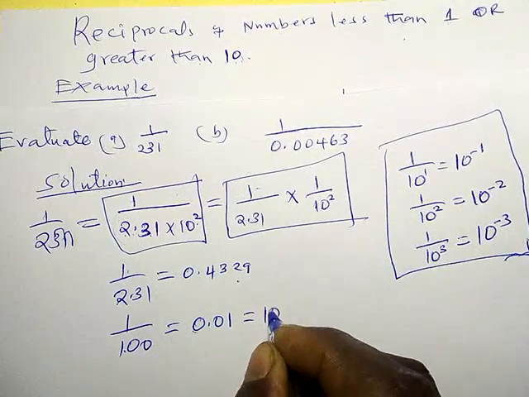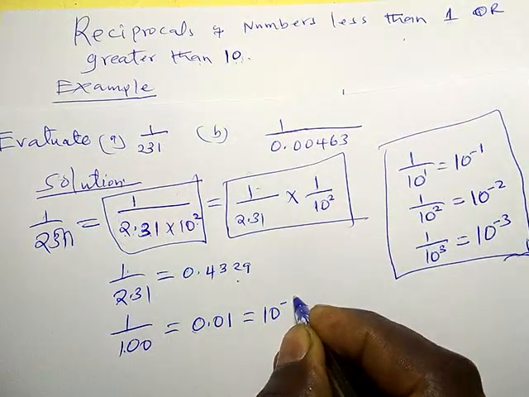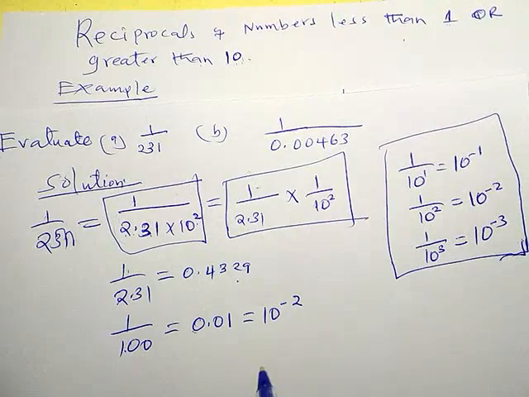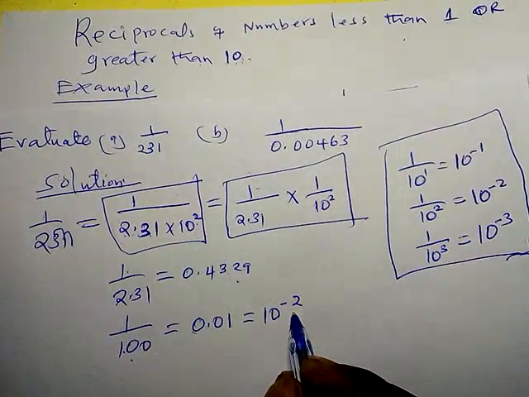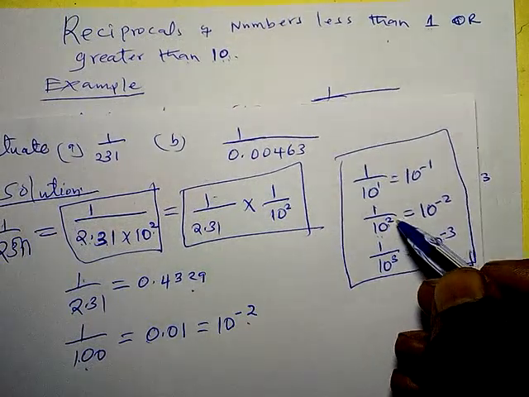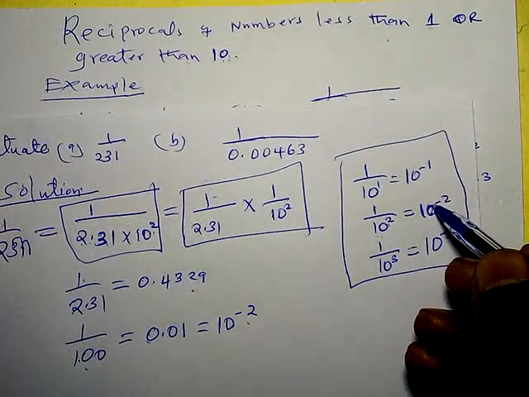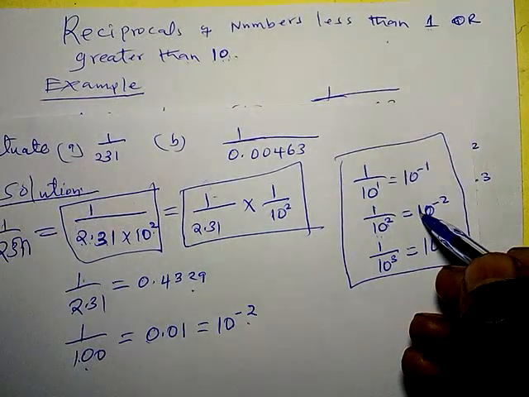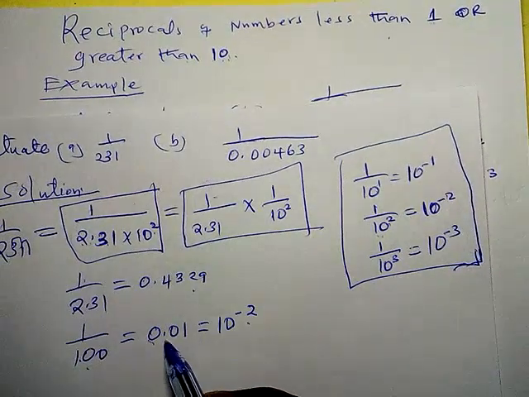0.01 is the same as 10 raised to power negative 2. You should know that. That's why I've told you that 1 over 10 squared is the same as 10 raised to power negative 2, which is the same as 0.01.